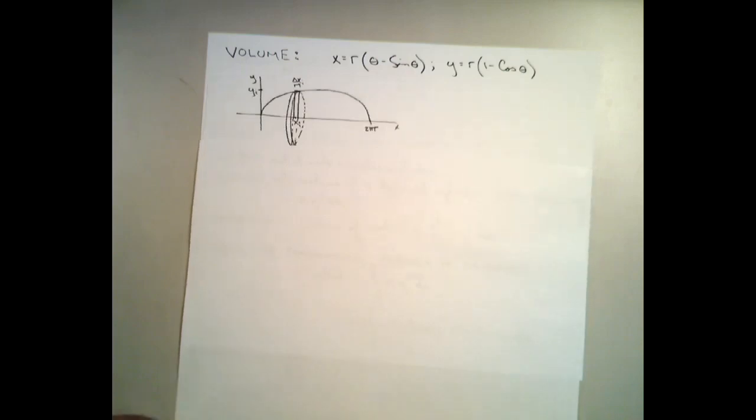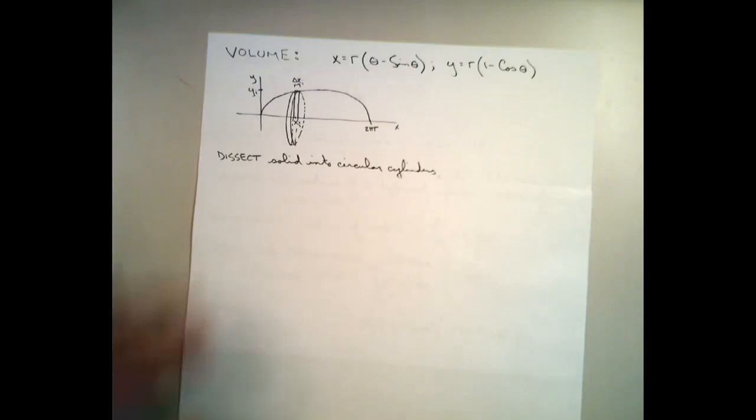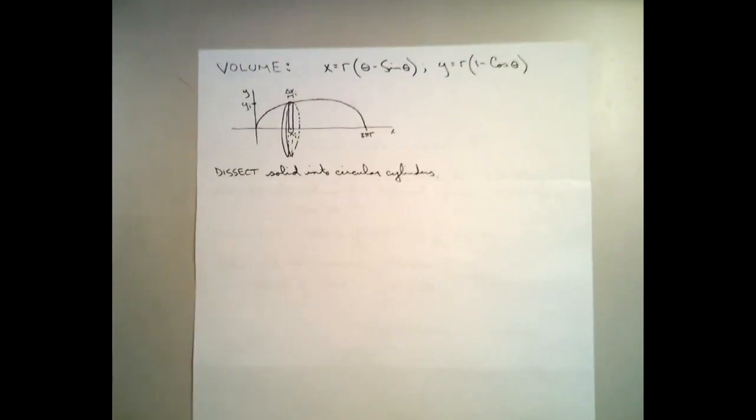I've only drawn a piece of that, and a piece of the shapes I'm dissecting this into. I'm going to dissect this solid into a bunch of circular cylinders, discs with a little bit of thickness to them, and then analyze the volume of a typical cylinder.